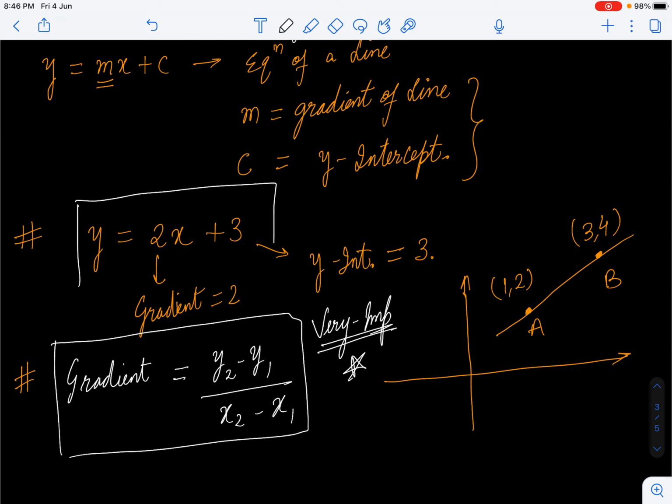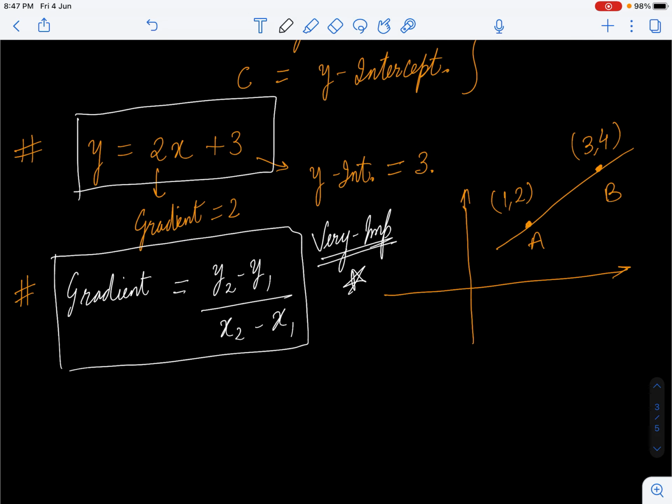So if the equation of a line is given, then we can directly find the gradient. If not, sometimes they will give you 2 points, and then we will use this formula to find the gradient. So what is my gradient? You can take any point as x1, y1 and any point as x2, y2, no problem. Let's take this point as x1, y1 and this point as x2, y2.